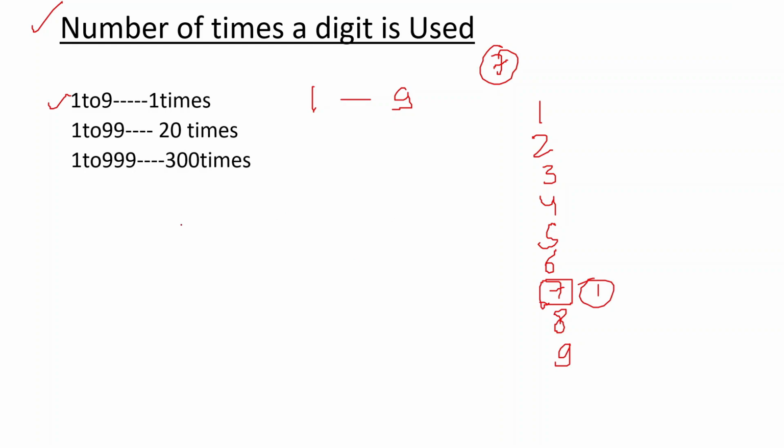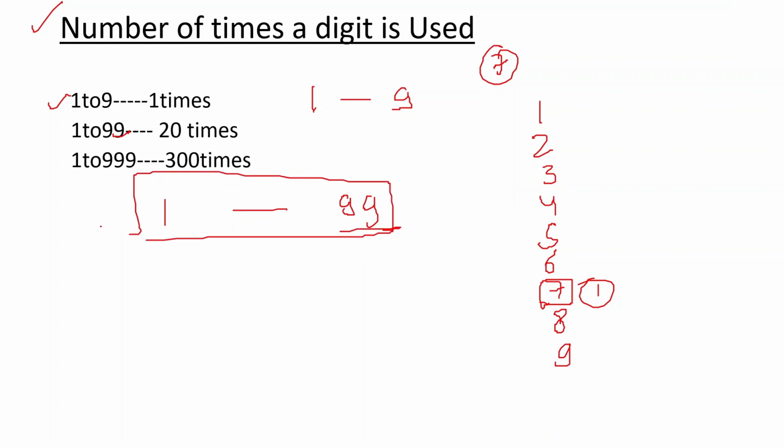Similarly, if you write numbers from 1 to 99, how many times have you used 7? You can use PNC and other things, but here I'm going to tell you the simplest way. I will tell you a pattern so that you can find how many times a digit will be used.